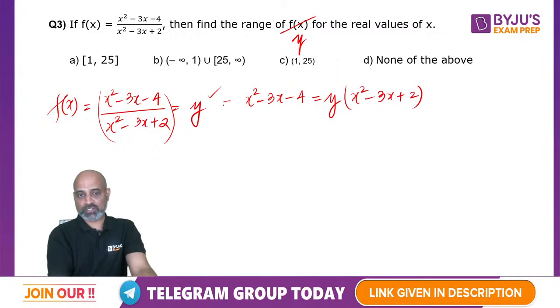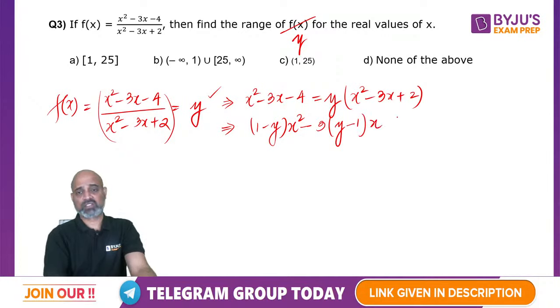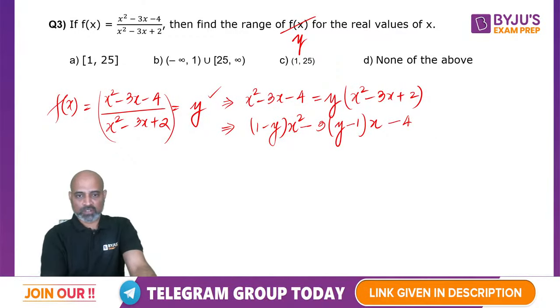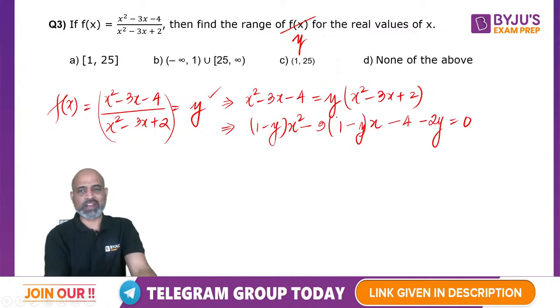If you rearrange, you will have 1 minus y x square minus 3 times 1 minus y x, hold on, my coefficient should become 1 minus y, and this is going to be minus 4 minus 2y, equal to 0. If I take 2 common outside, I will have 2 plus y inside.